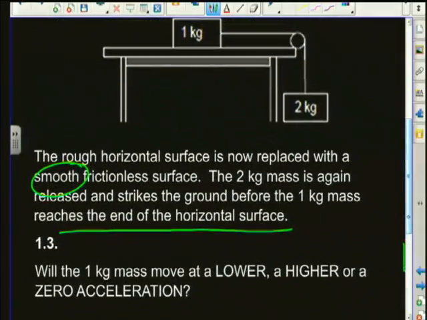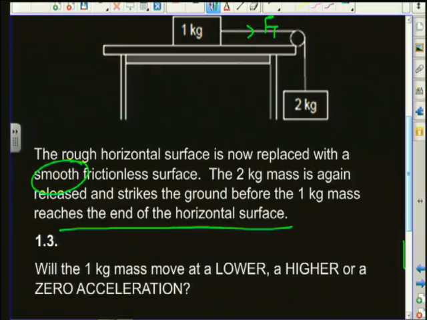Okay, so the rough surface is now replaced with a smooth surface. That's great. That means the only force acting on it is Ft, and the 2 kilogram mass is released, strikes the ground before the 1 kilogram mass reaches the end of the horizontal surface.